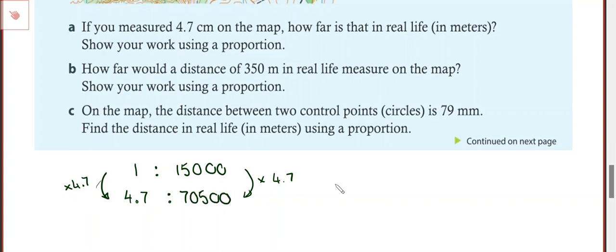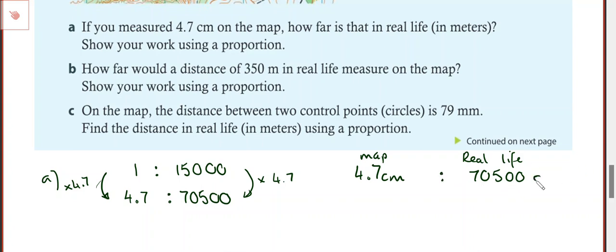Okay, so this is the important bit. So 4.7 centimeters on the map in real life is actually 70,500. 4.7 centimeters on the map is how many in real life?